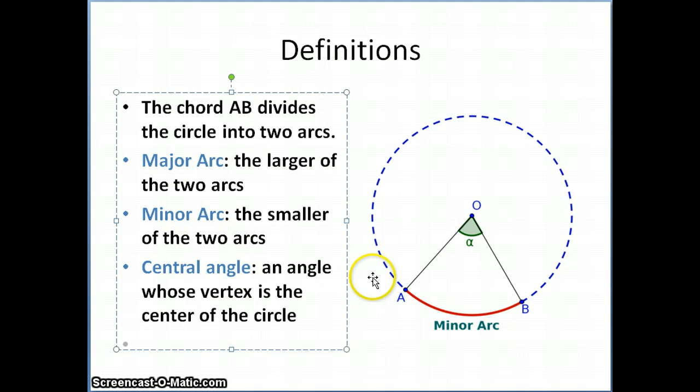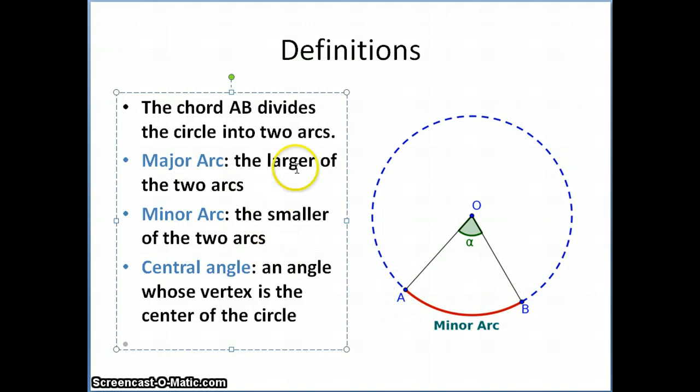Suppose we have a second line intersecting the circle at A and B, which is not drawn here. The line segment between points A and B is called the chord. This chord AB will cut the circle into 2 arcs: a big arc and a small arc.